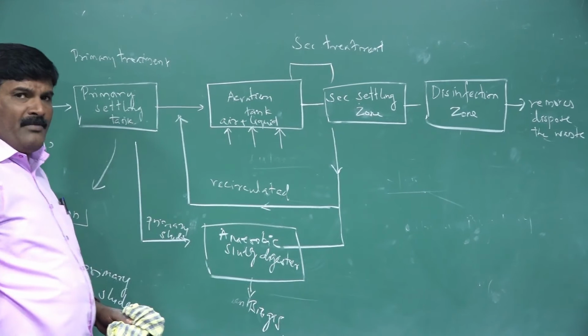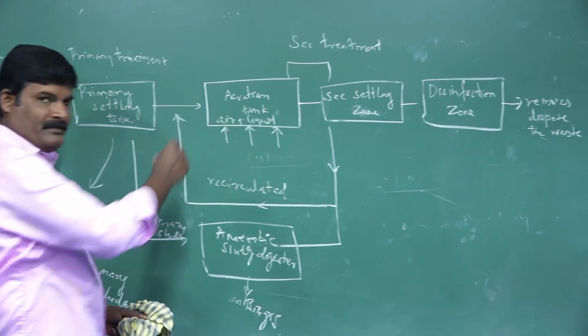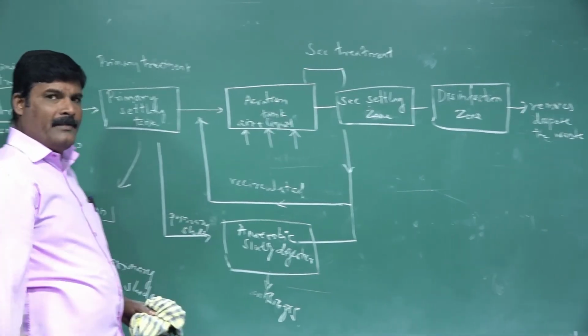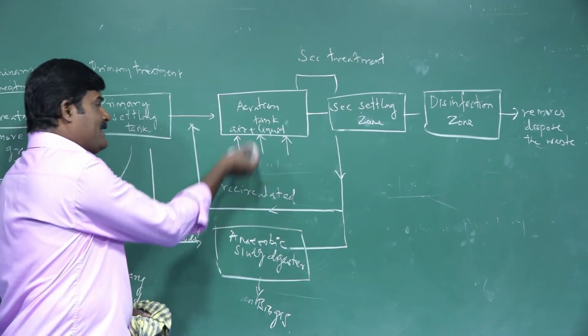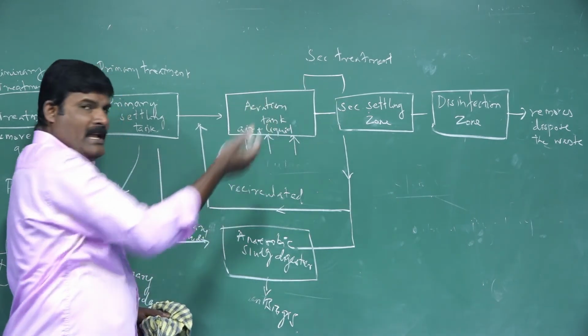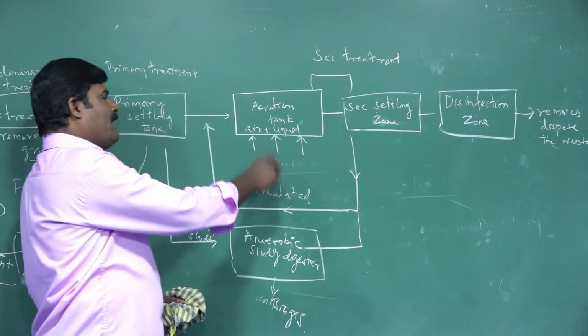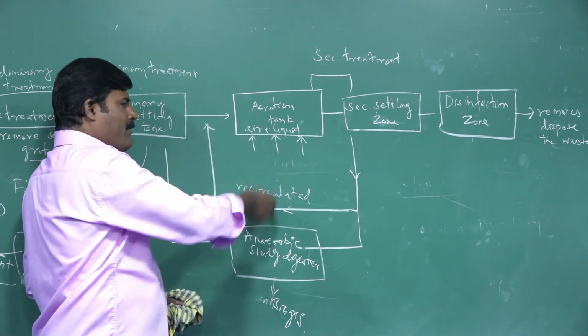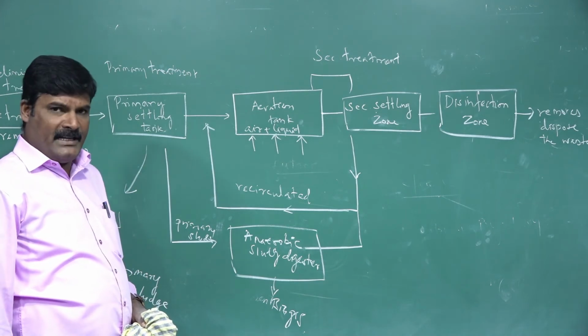Aerobic microbes are the bacteria which use the air in the tank. So these bacteria grow well, and a major part of the organic matter is consumed by the bacteria.